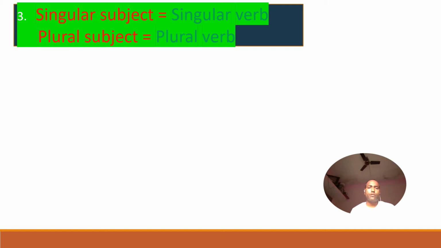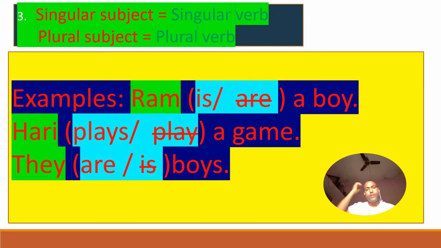It means if your subject is singular, then your verb will also be singular. If your subject is plural, then your verb is also plural. You get my idea? Okay, let us see some of the examples here.